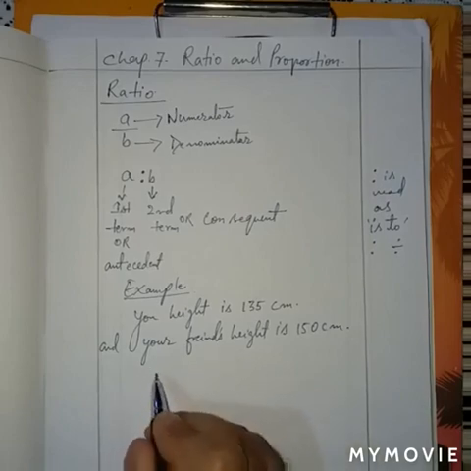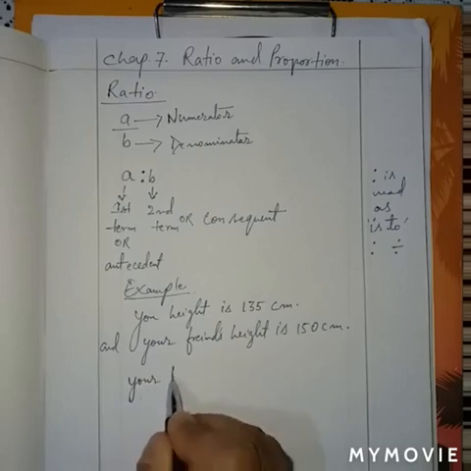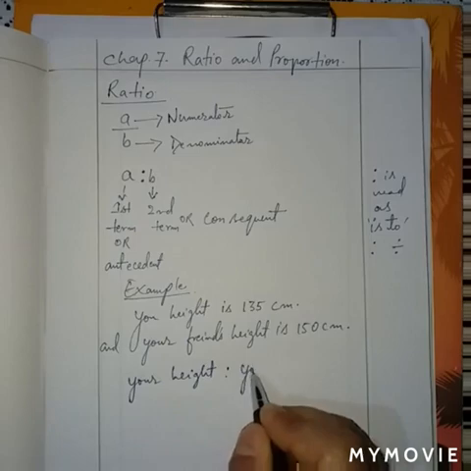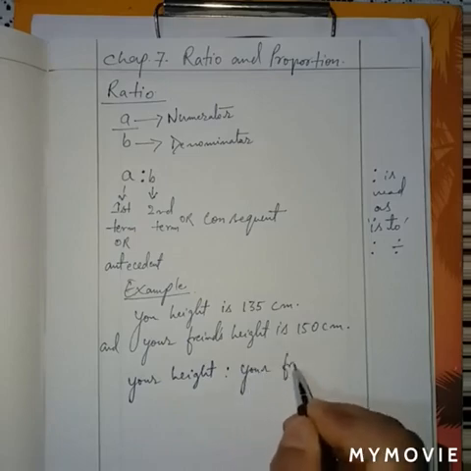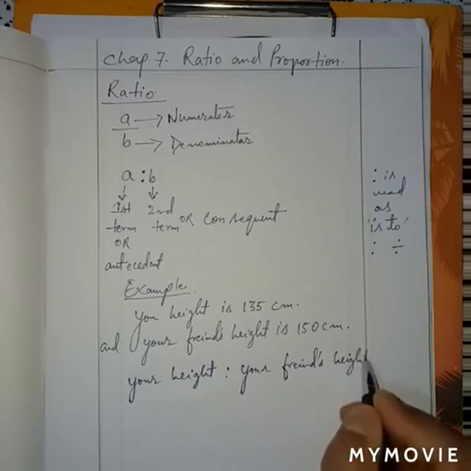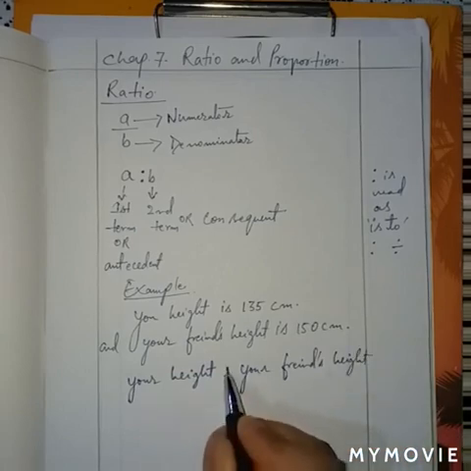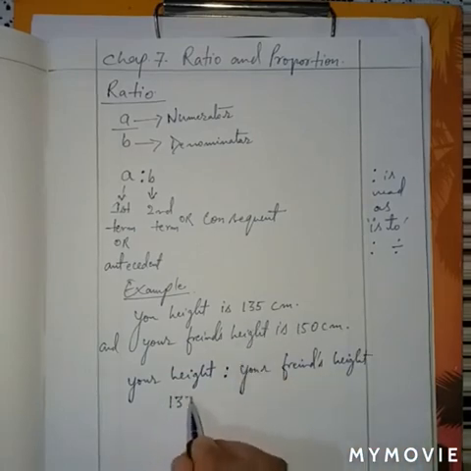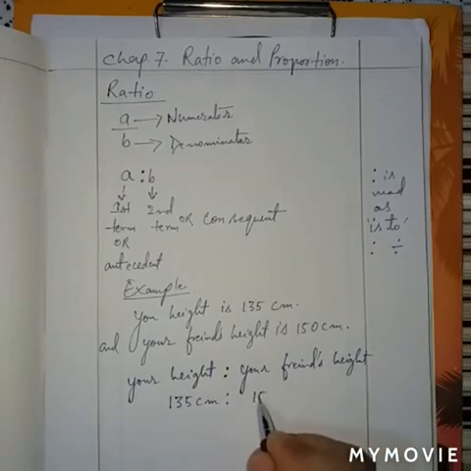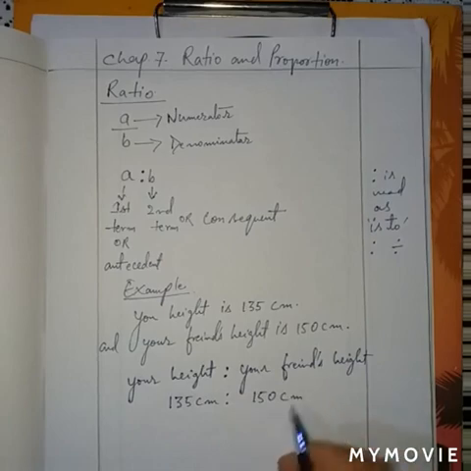We write this as your height is to your friend's height. Your height is 135 centimeter and your friend's height is 150 centimeter.